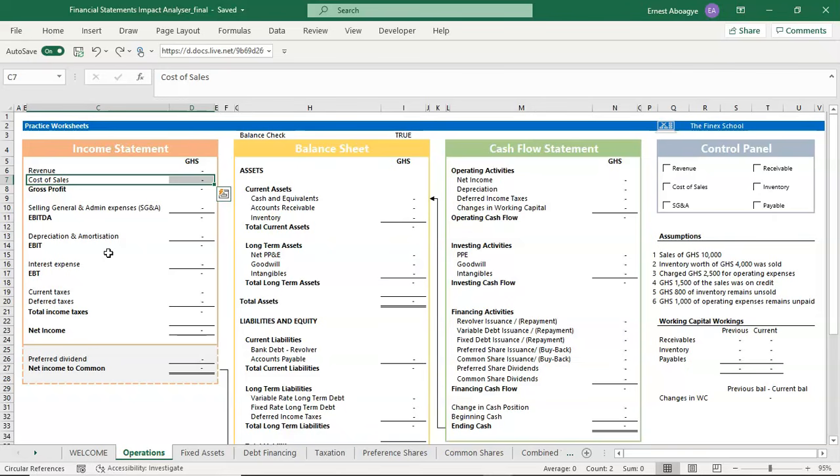So in our case, if we are selling sobolo, our direct cost would normally be the sobolo leaves, the water, sugar, and any other material that will be part of the finished product. So the cost of such material, it could even include cost of the personnel on the factory side who are producing the sobolo.